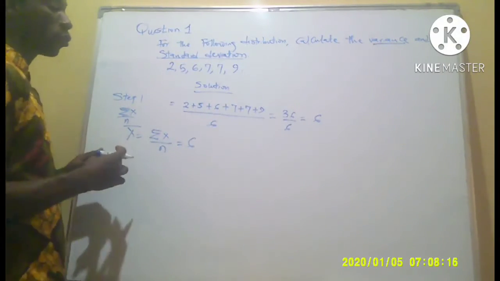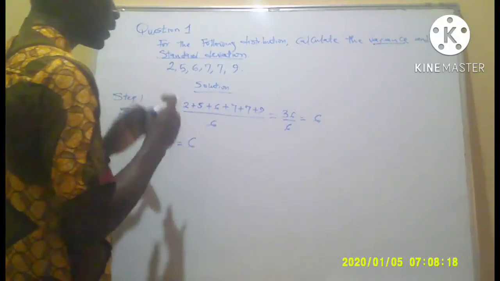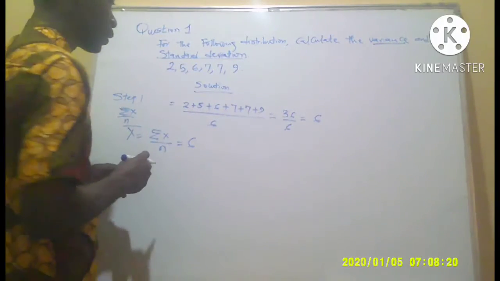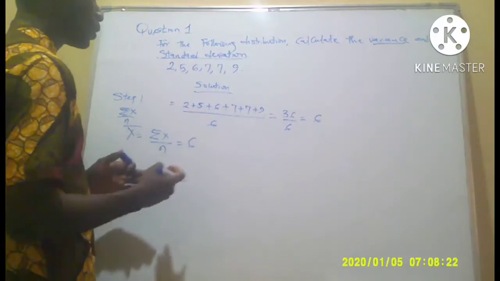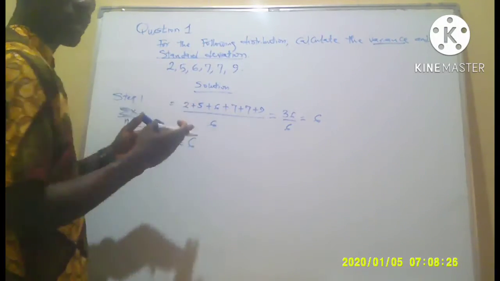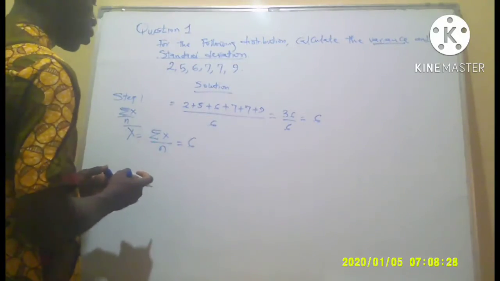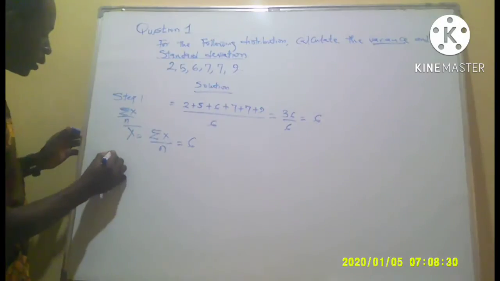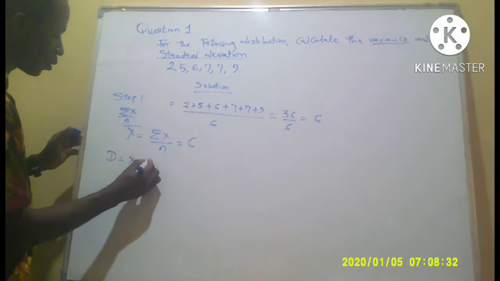Now, the next thing to do is to find the deviation. Remember, our target is, first of all, to look for the variance. The deviation simply means the way in which the numbers are deviating from the mean. Remember the formula for deviation: d is equal to x minus the mean.